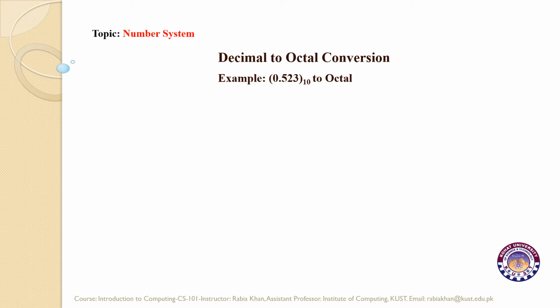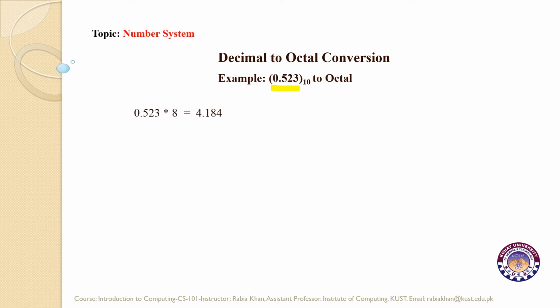Another example for decimal fraction, and we need to convert it into octal number. The number is 0.523. The method would remain the same. We would multiply this fractional part with 8 successively.